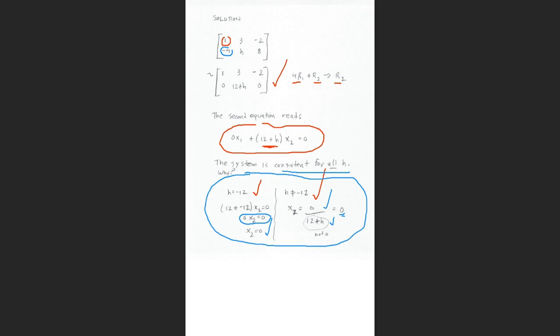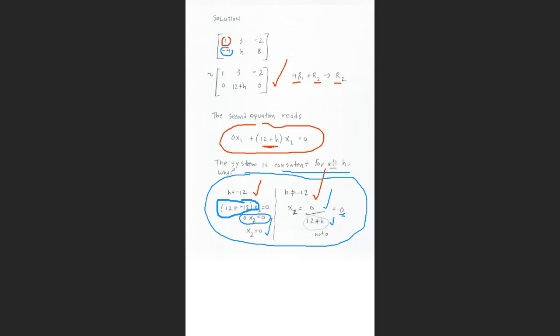And Mikhail, David says, let's see, the 12H minus 12. Which part, Mikhail? You can use your pen. Can you circle the part that you're uncomfortable with? That part.